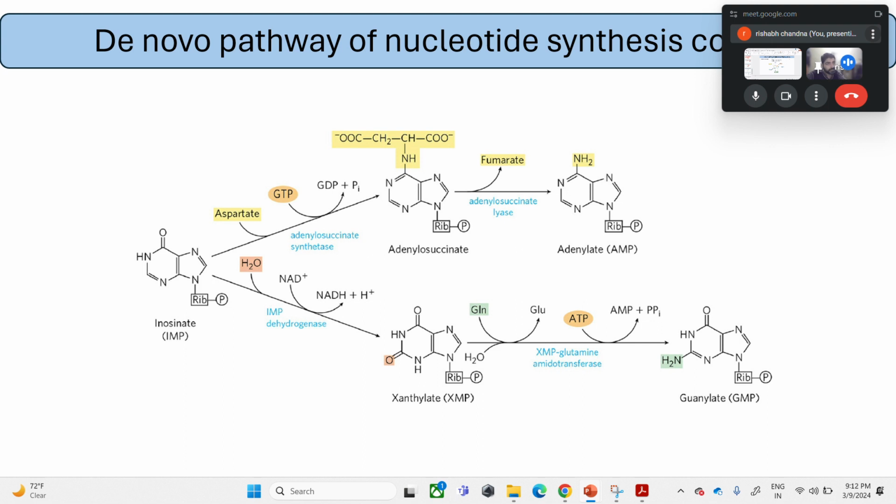First for the formation of adenylate, and second for the formation of guanylate. So first we'll see the adenylate part. So this IMP structure, first it is attacked by the aspartate and the GTP molecule as an energy precursor. So this attached aspartate moiety is arranged as we have seen previously also.